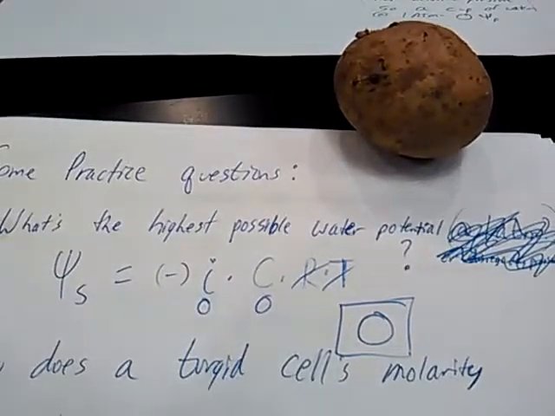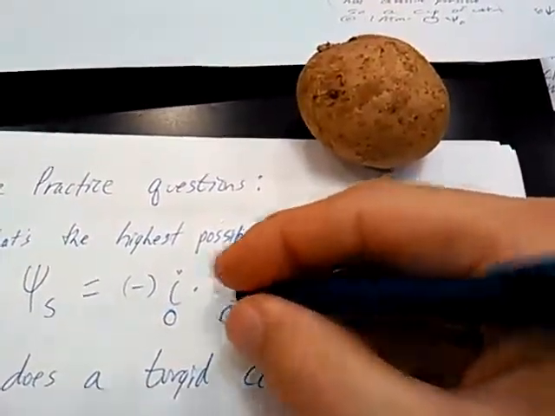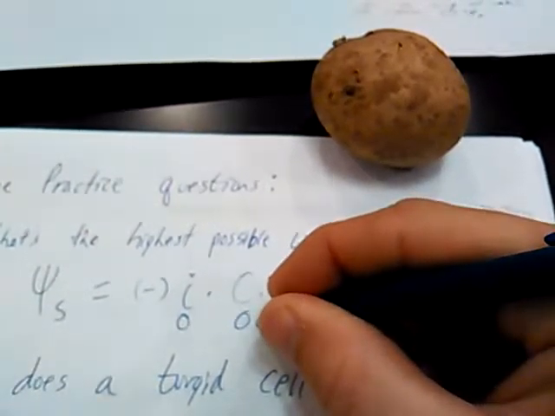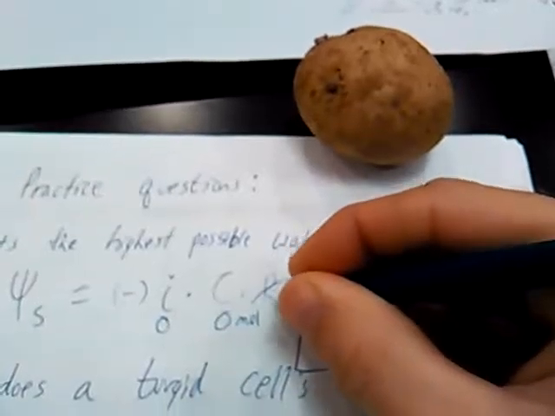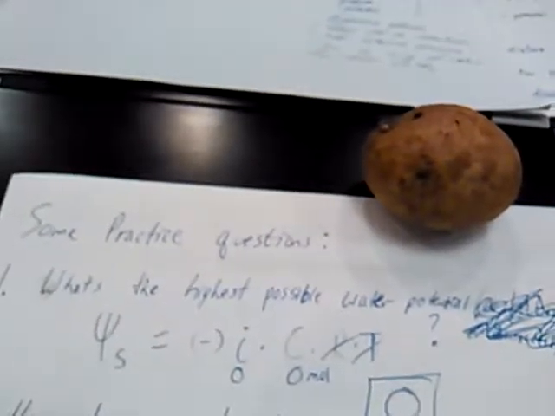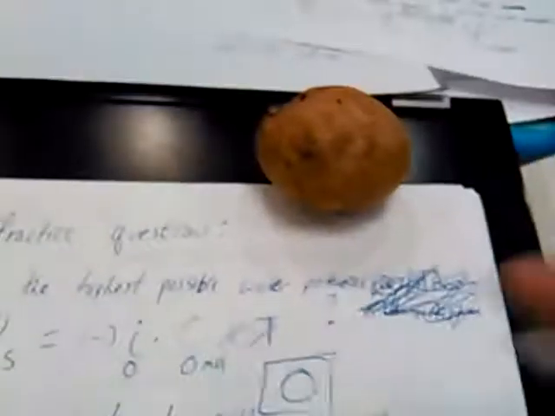And let's see. Oh, I should have checked out my units on this. So this one is just a value. This would be moles per liter. R... Oh shoot! I'm going to have to go back to my cheat sheet. R is liters times bars over moles times kelvins.